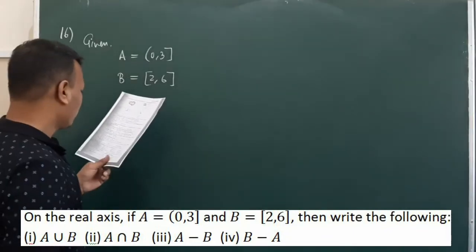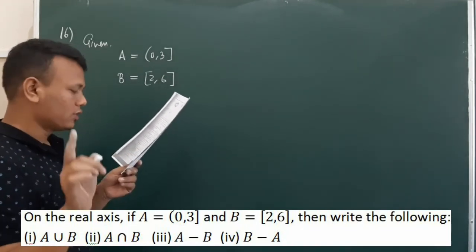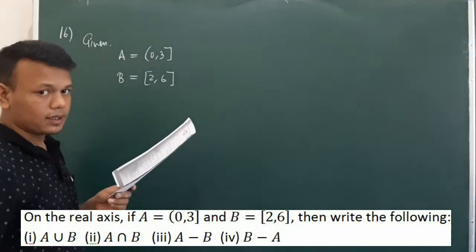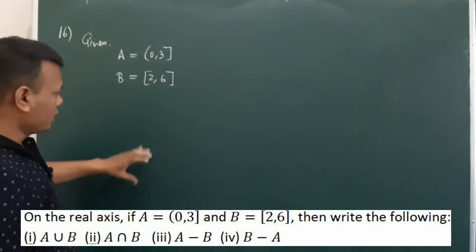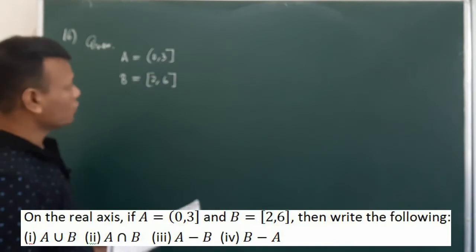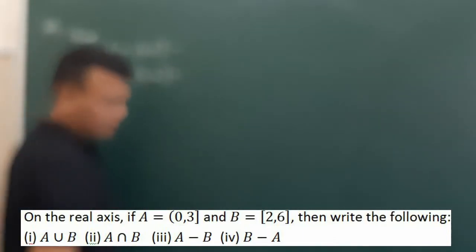So you need to write down what is A union B, what is A intersection B, what is A minus B and what is B minus A. Let's see how to do this. Before we start, let's write these in set builder form.